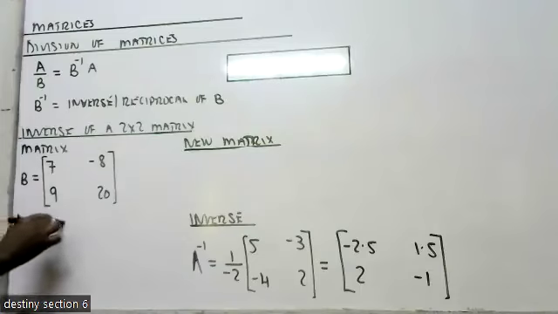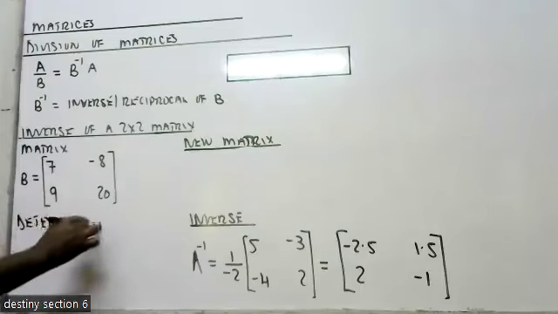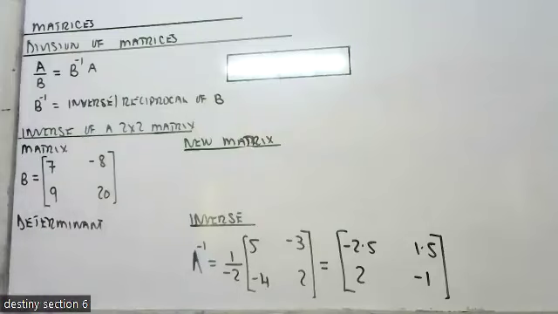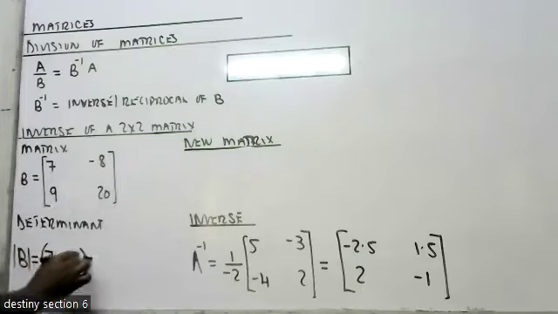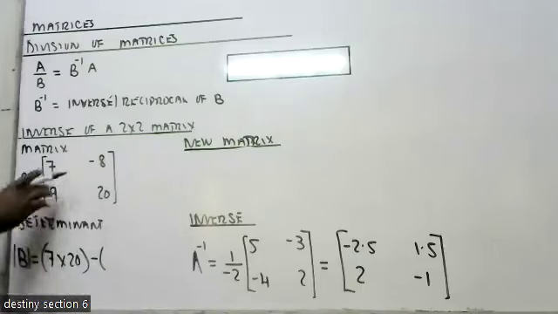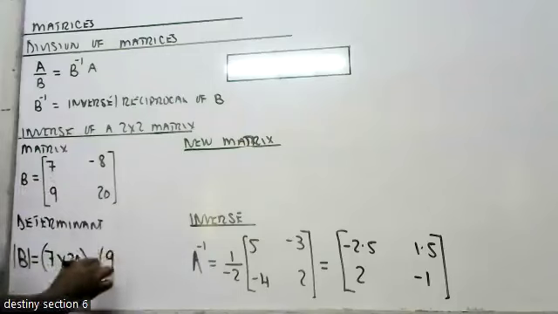I've said we get the determinant. The determinant of matrix B is, you take the major diagonal, that is 7 times 20. You minus the product of the minor diagonal, that is 9 times minus 8.